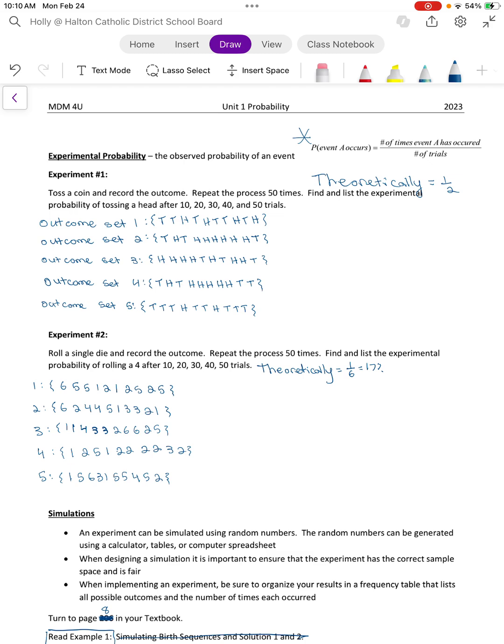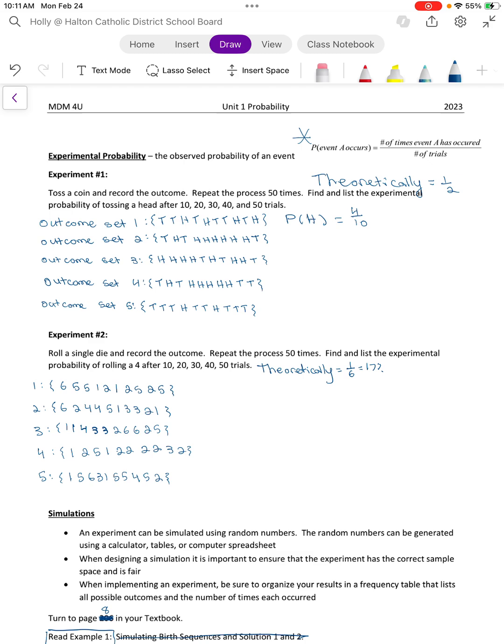So I'm looking at tossing a heads after these trials. If I look at outcome set 1, I've tossed the coin 10 times over, and I can see set 1 has a probability of heads. If I look at it, I have 1, 2, 3, 4. So 4 out of 10 would be the probability of tossing a heads.